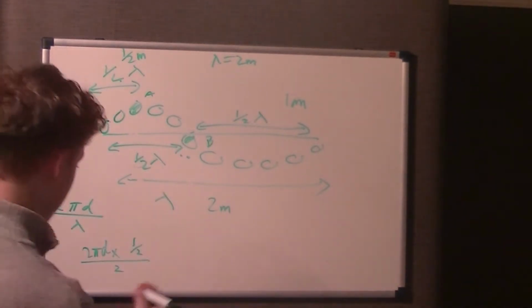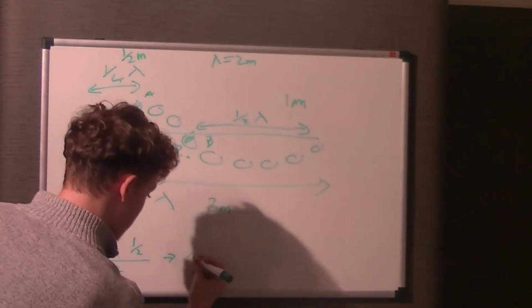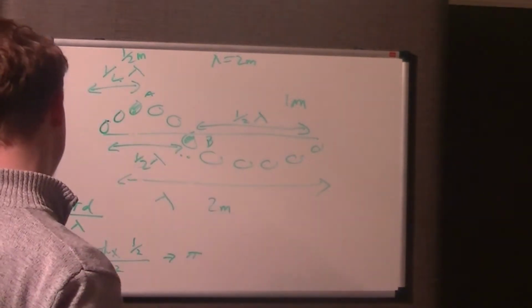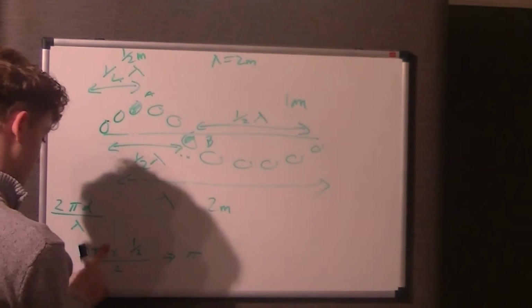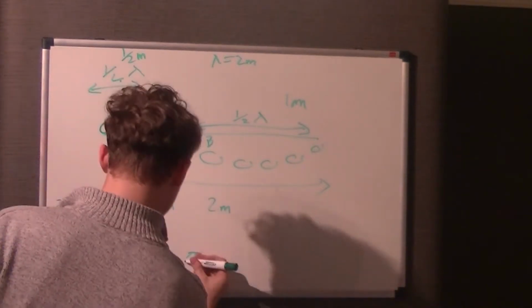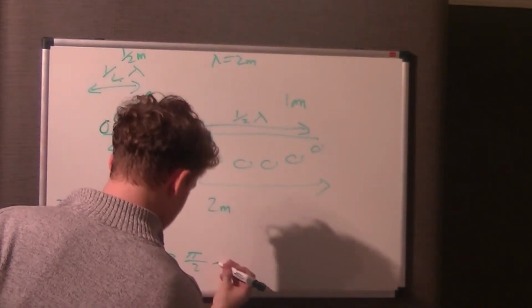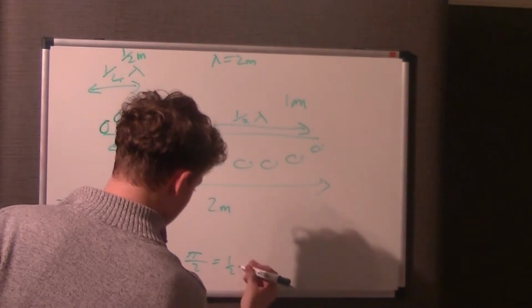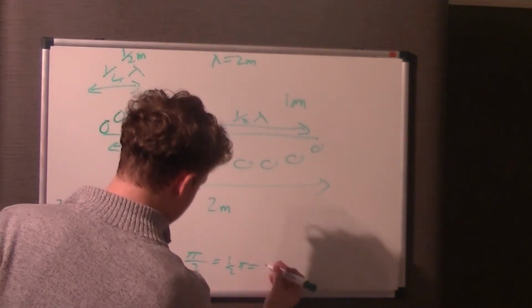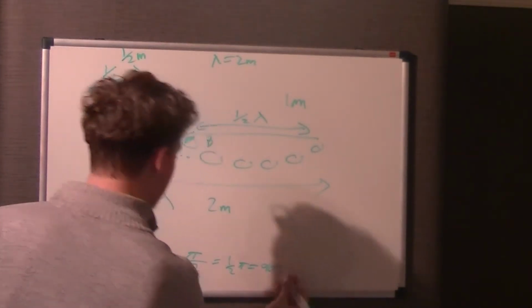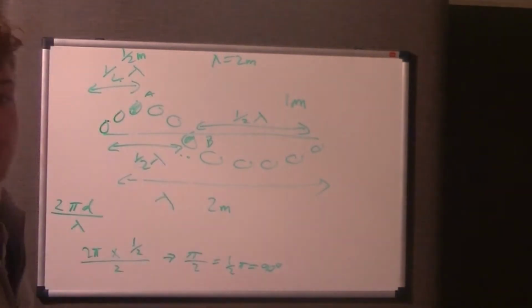So that means pi over 2, which equals half pi, which equals 90 degrees. So that is 90 degrees out of phase, that's A. See how I got that?